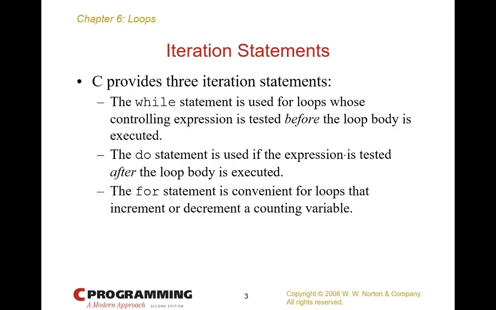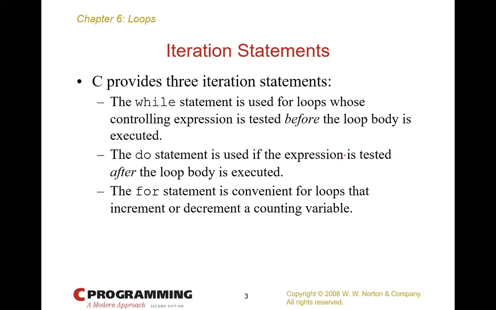The while statement is used for loops whose controlling expression is tested before the body is executed. There are times you don't want to evaluate the body at all before testing a condition. If that condition is met, then you evaluate the body. But there are times when you want to evaluate the body at least once before you test the condition.